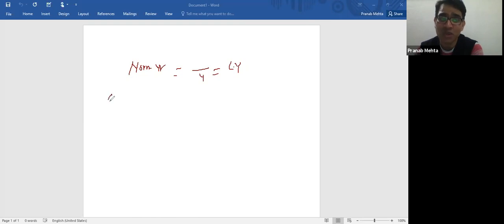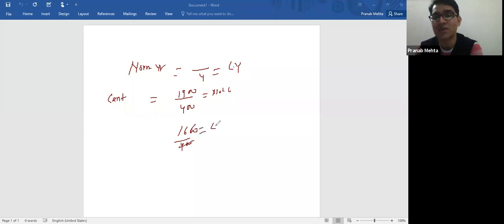If it is a century year, century meaning a multiple of 100, it has to be divisible by 400, not by 4, by 400. That is the reason why 1900 was not a leap year. Why? Because 1900 is not divisible by 400. But at the same time, 1600 is divisible by 400, 4 times. So that is why it was a leap year.